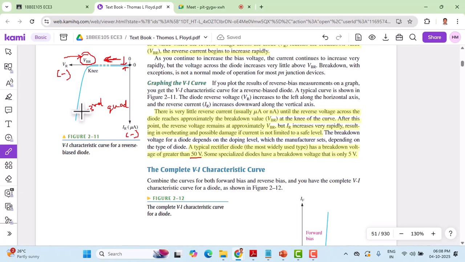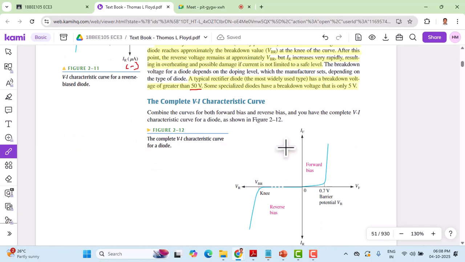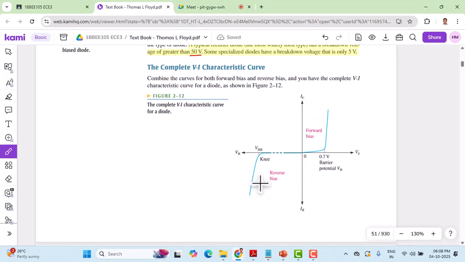Okay, and now to understand the complete characteristics, we have both forward bias and reverse bias shown in a single graph. Students are expected to write this whenever they are asked in examinations to explain the voltage-current characteristics of the PN junction.